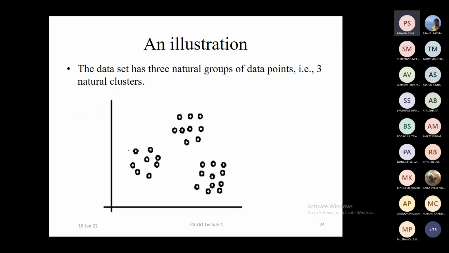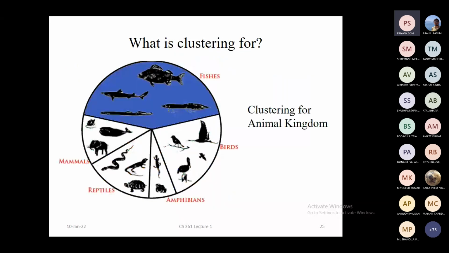Again, another similar example is being given. So we can get three clusters out of this, depending on the data distribution or the kind of pattern in the data. And here are some examples or applications of clustering, for the animal kingdom.